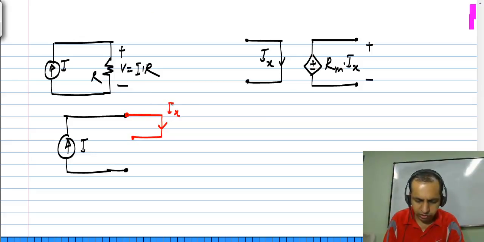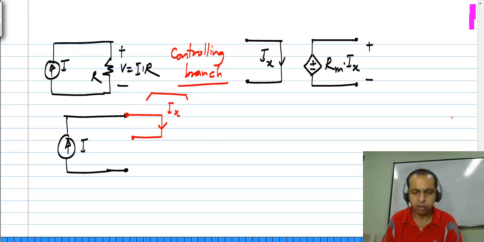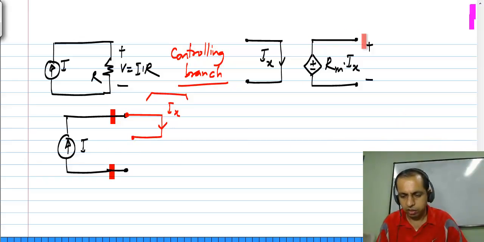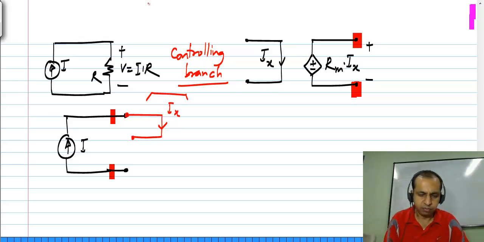This is Ix and this is the controlling branch, and this current must flow through that, and I want the voltage between these two to be proportional to the current. Okay. And here I have the voltage between these 2 points to be proportional to the current Ix.